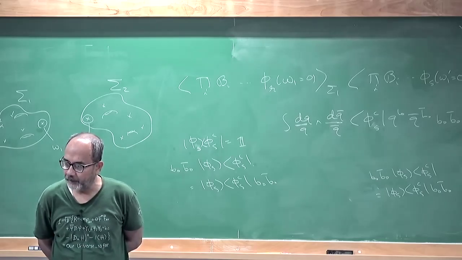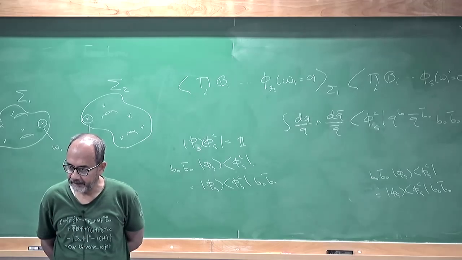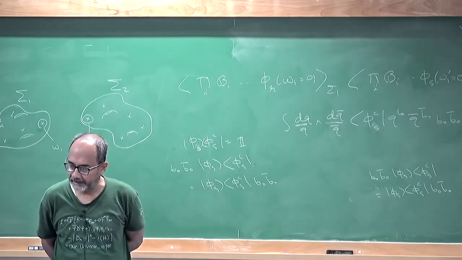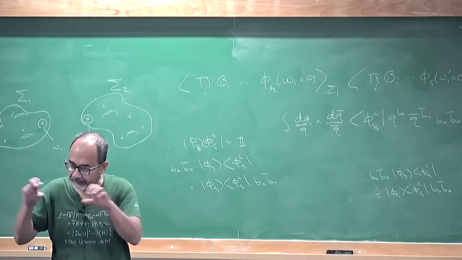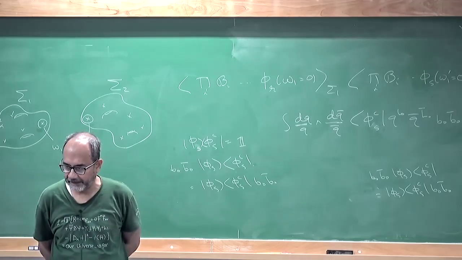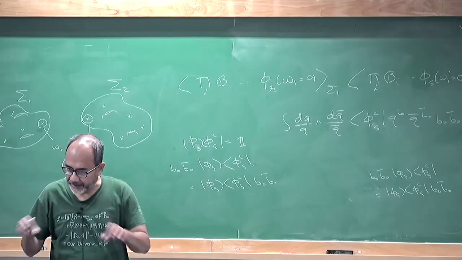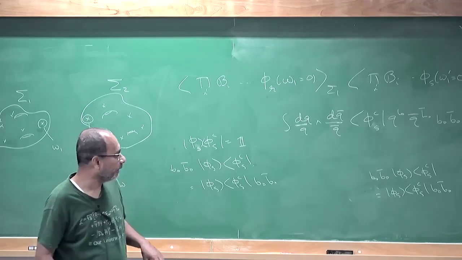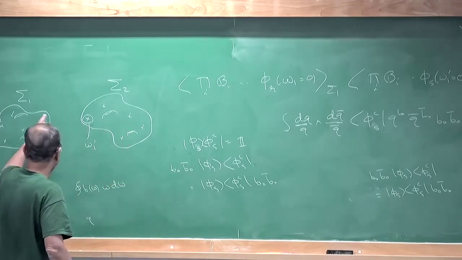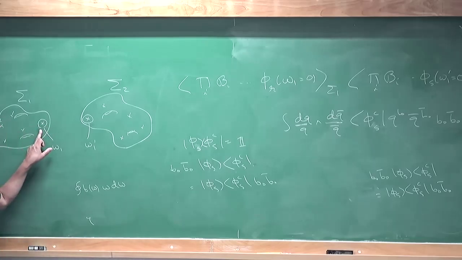BQ is not part of that. BQ is something new that comes in when you are gluing these two objects. So from that perspective, BQ is a new operator that we are inserting here, which you can think of as an integral around this contour.